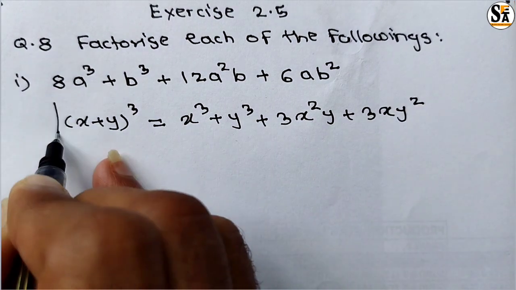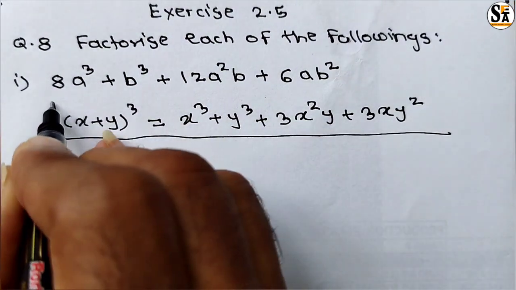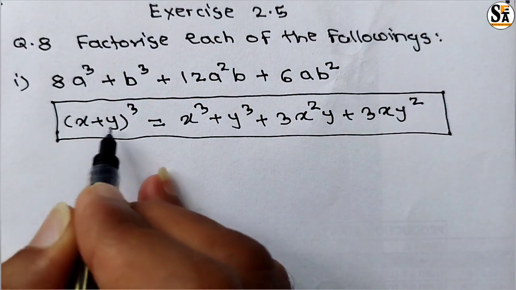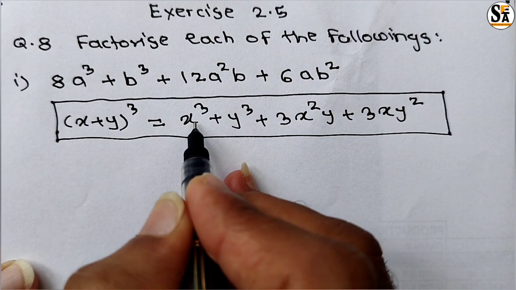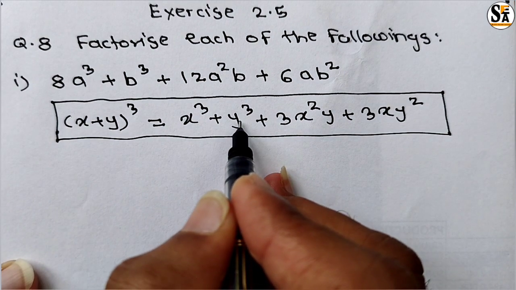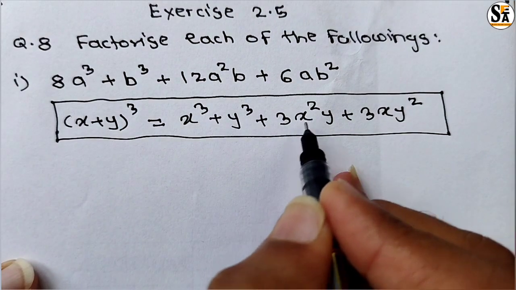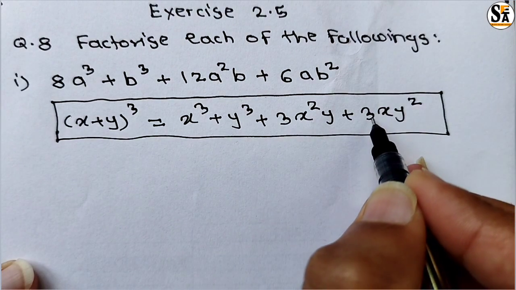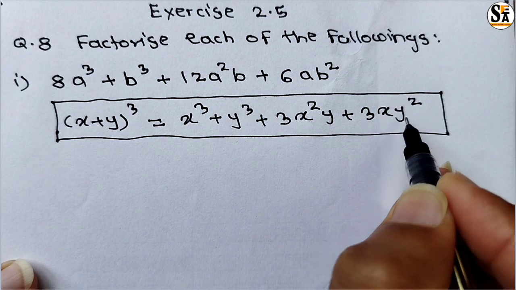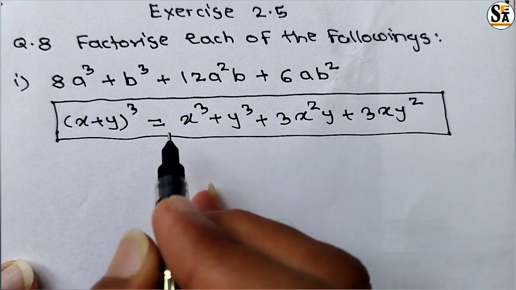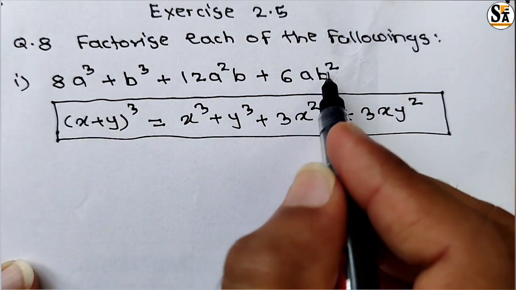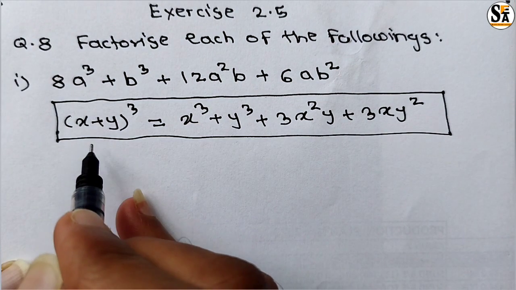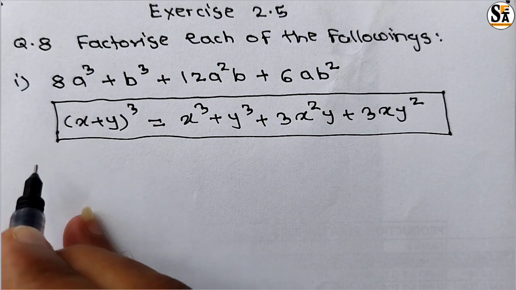So, in this standard identity, x and y are two variables, the first term and second term in the bracket: cube of first term, then cube of second term, then square of first term into second term into 3, and then 3 into first term into square of last term. So if we are able to convert this expression into this pattern, then we can use this standard identity to factorize it. So let's see how.